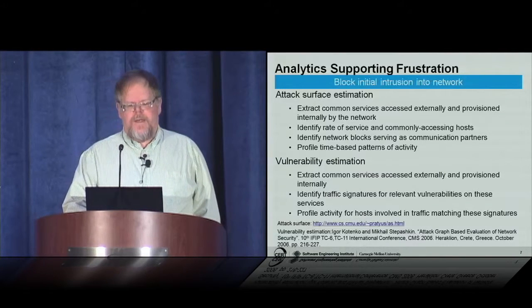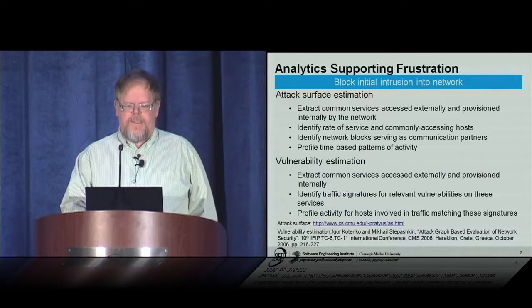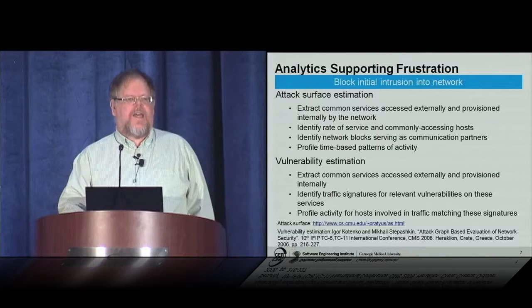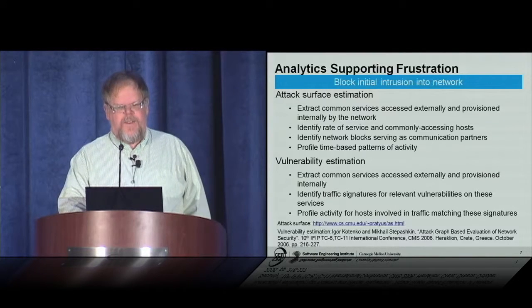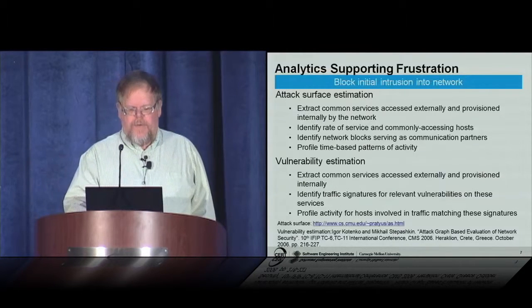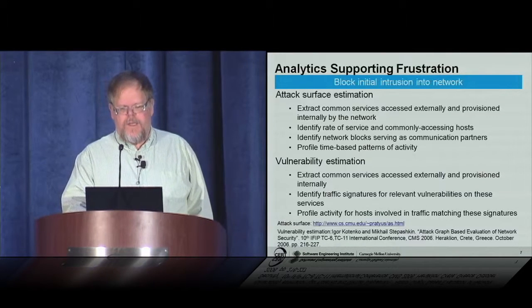And you want to be able to understand how much traffic is going over these services, and then the network blocks that typically serve as communication partners, and start to profile the activity and be able to spot deviations from that activity, with the goal of identifying people that are initially trying to attack into the network. And the closer to real time you can do this, the more effective you can be at blocking frustration.